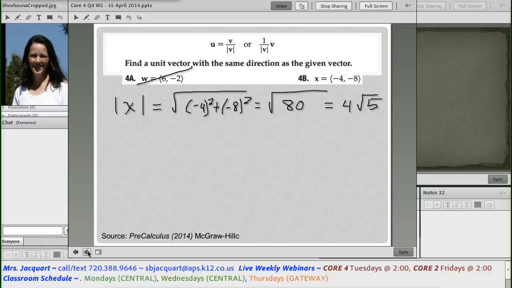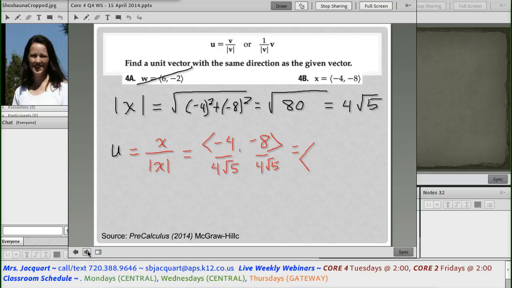So when I look for my unit vector, it equals x over the magnitude of x, which equals negative 4 comma negative 8 all over 4 square root 5, which equals negative square root 5 over 5 and negative 2 square root 5 over 5.